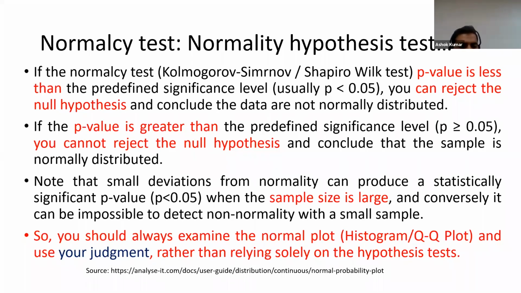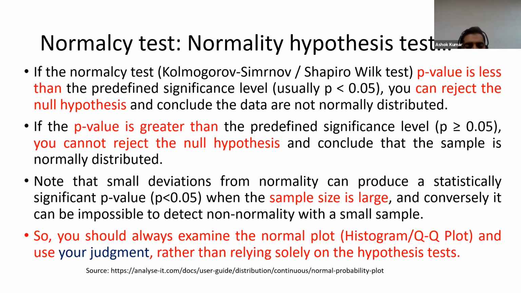The reason is that a small deviation from normality can produce a statistically significant p-value, that is a p-value less than 0.05, when the sample size is large, even greater than 30. So if there is a minute deviation, we get a significant p-value even if the sample size is greater than 30.